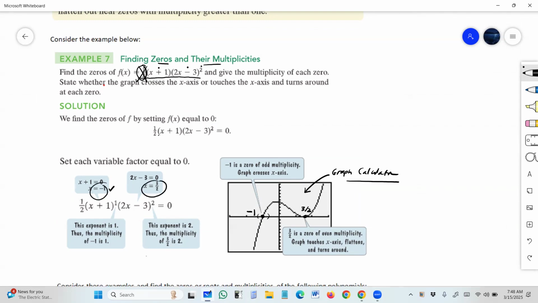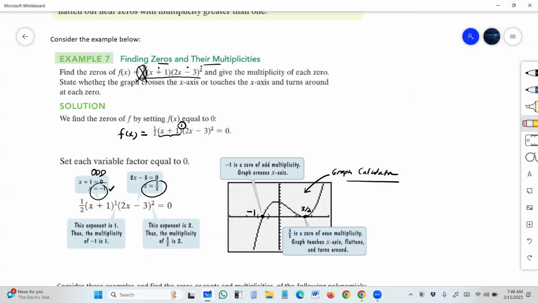Now we go back to where they are in the polynomial. So this is the polynomial already in factor form. So this factor has an exponent of 1. There's an invisible 1 there, right? If the exponent is 1, we don't normally write it, but it's there. Now, a multiplicity of 1 means it's an odd multiplicity.